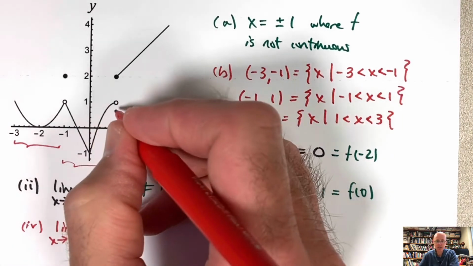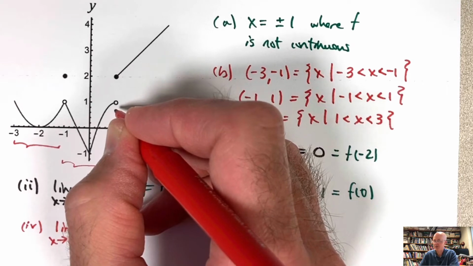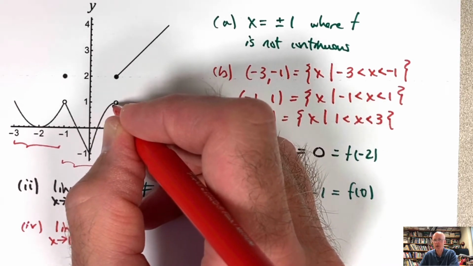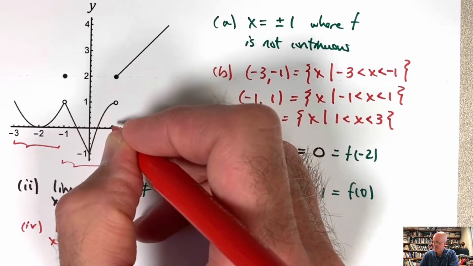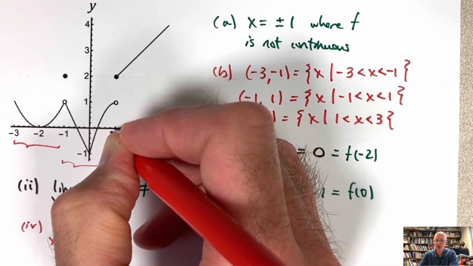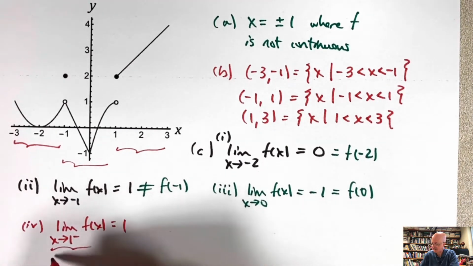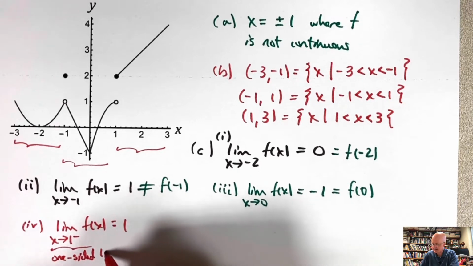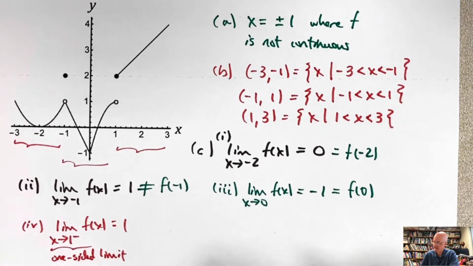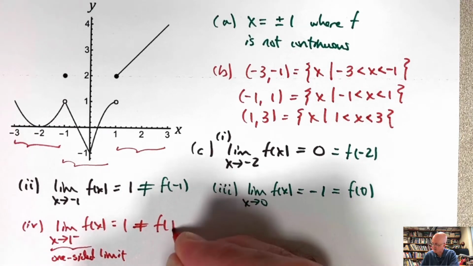The function output is never equal to 1. It just gets arbitrarily close to 1, as close as I like, by making x sufficiently close to 1 on the left. That means this one-sided limit does exist and does equal 1, but that's not the same as the function value when x equals 1.